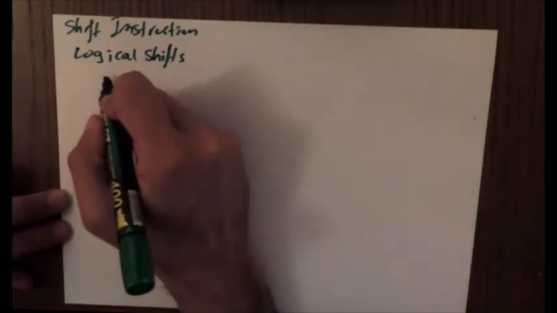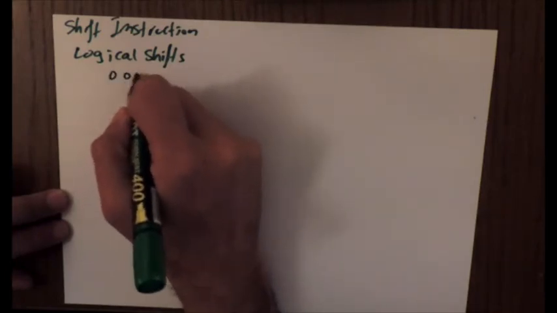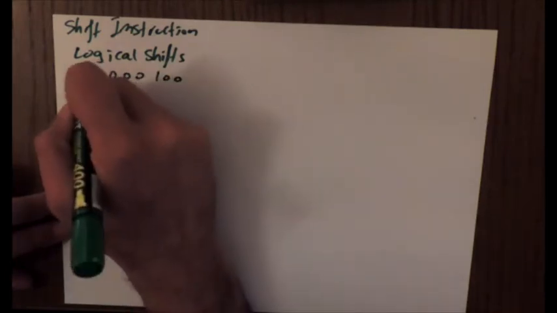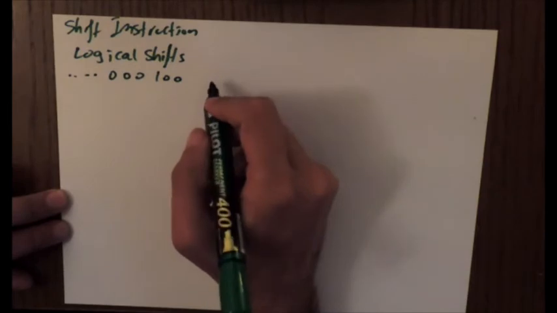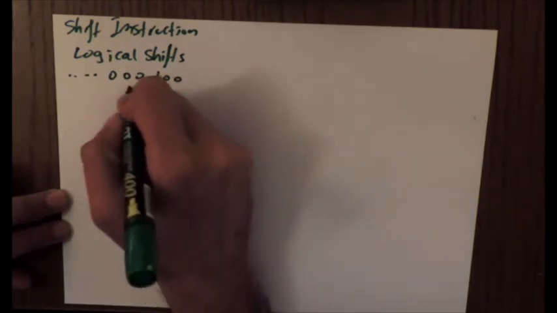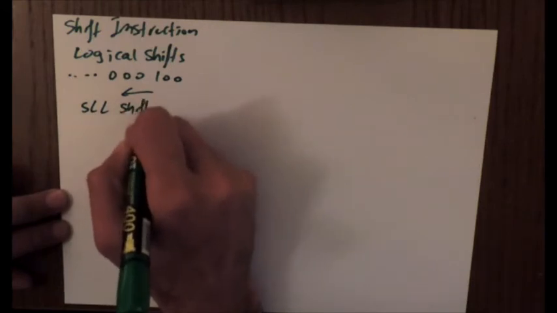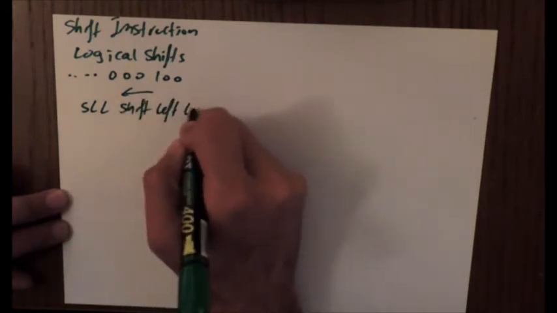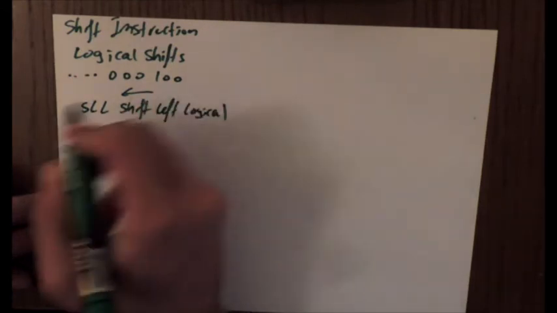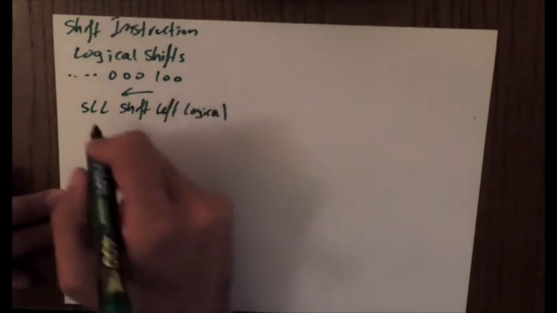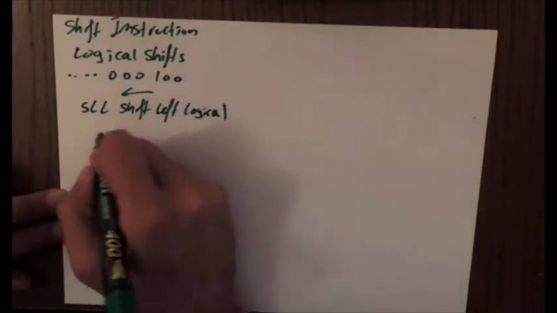So if I have a number like 4, 0, 0, 0, 1, 0, 0, of course we have many bits. If I want to shift them one time to the left, we call it shift left logical. Shifting once to the left will lead to something like this.